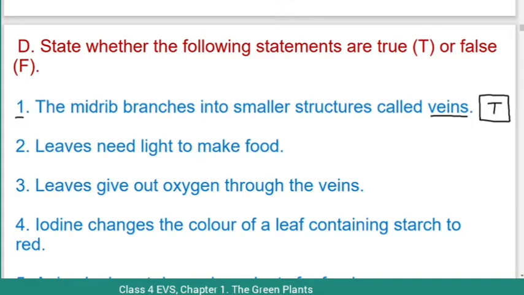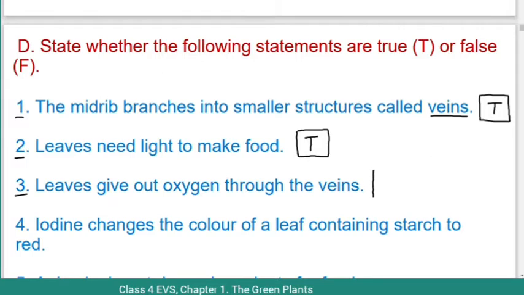True. Second one, leaves need light to make food. This is also true because leaves need light to make food. It takes light from the sun.